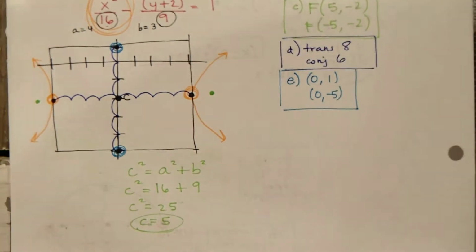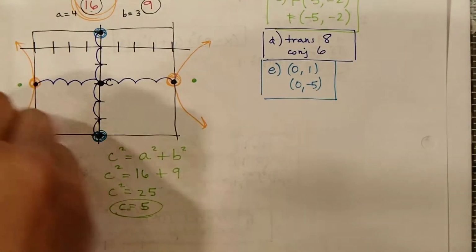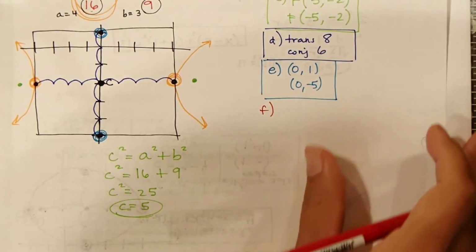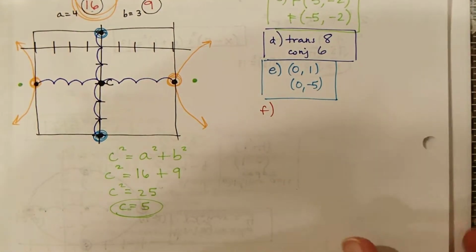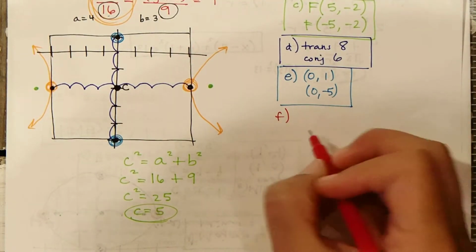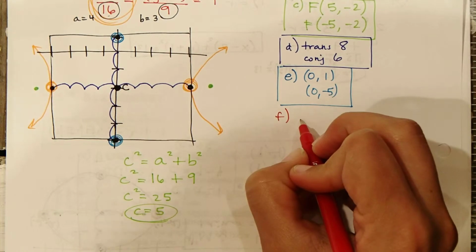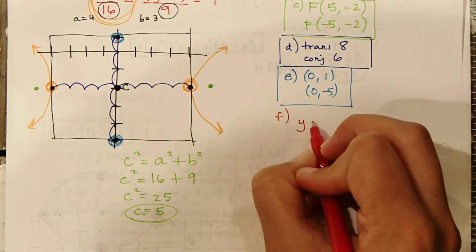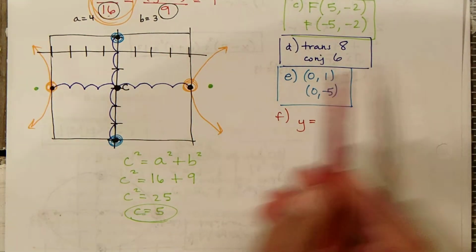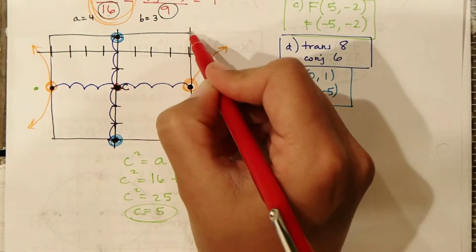And then finally, part F, the equation of the asymptotes. So now, in order to find the equation of the asymptotes, we say y equals, what is the slope from the center to get to the corner?